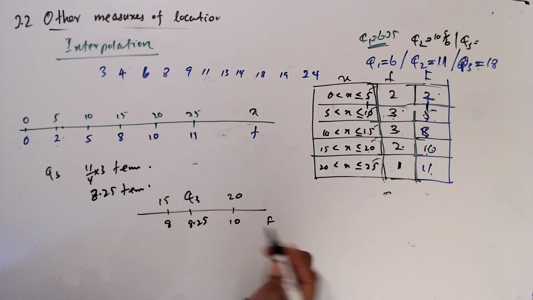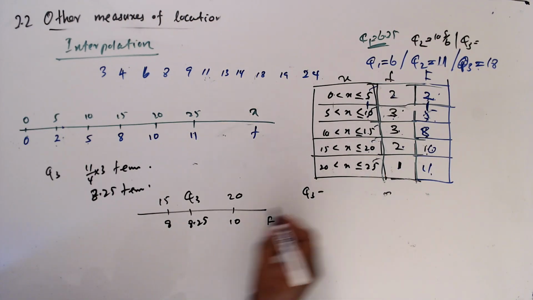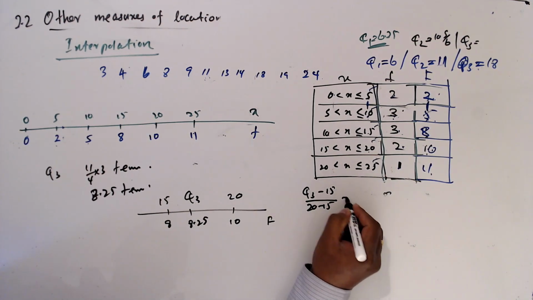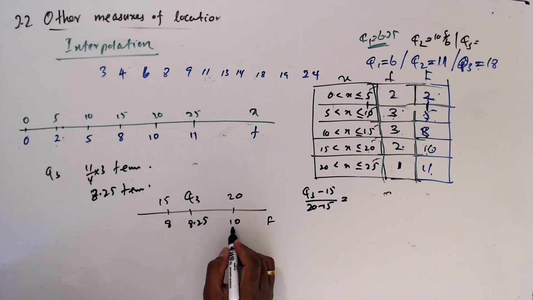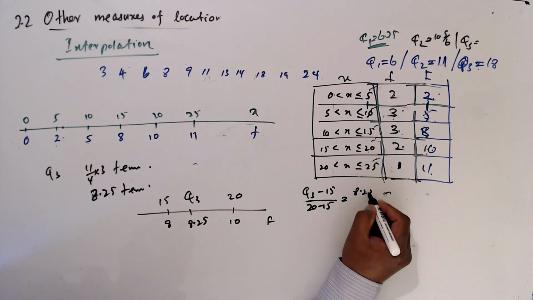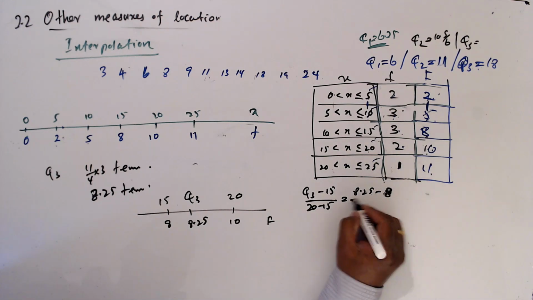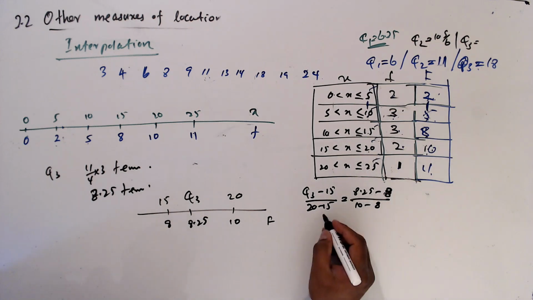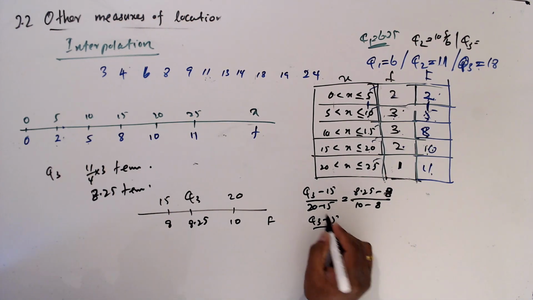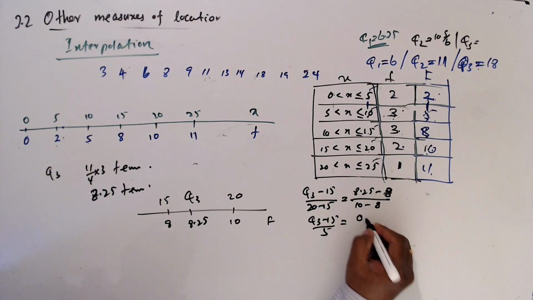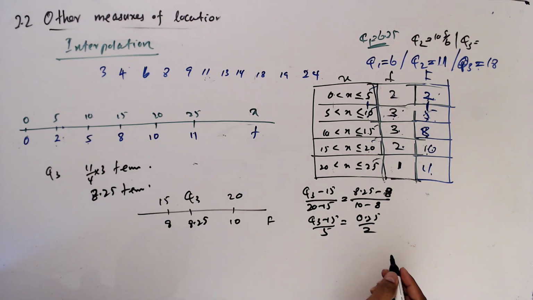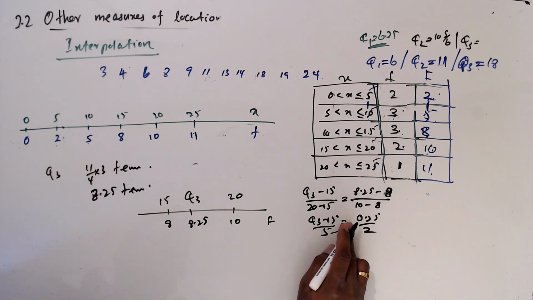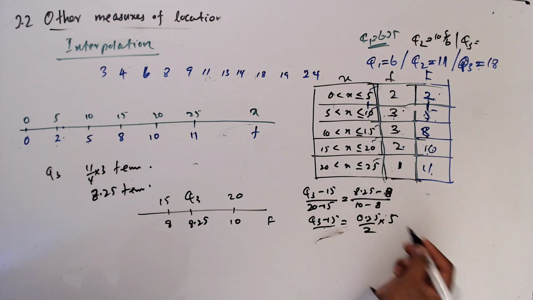So this is Q3. So Q3 minus 15 divided by 20 minus 15 equals 8.25 minus 8 divided by 10 minus 8. So we'll simplify: Q3 minus 15, this is 5, this is 0.25 over 2. So when 5 cross multiplies here, it goes as multiply by 5.